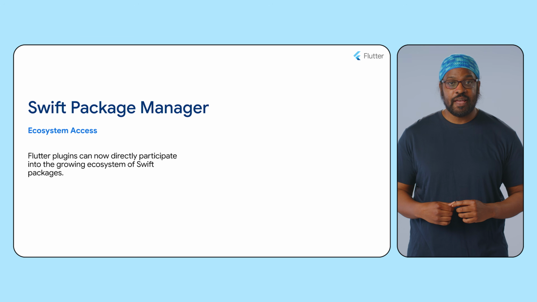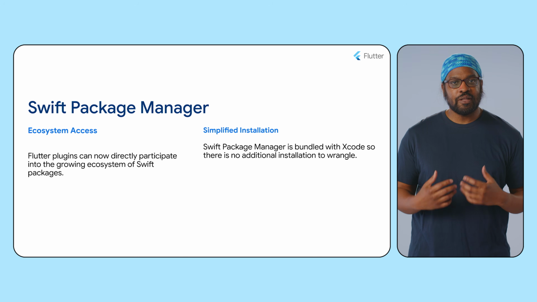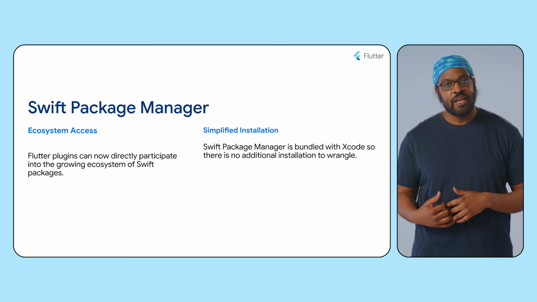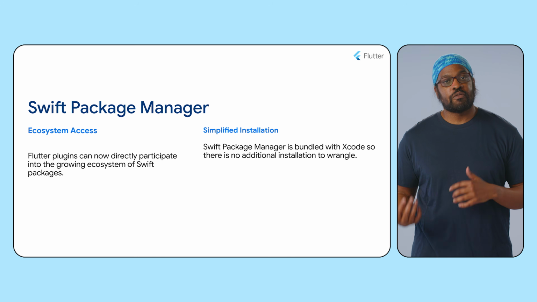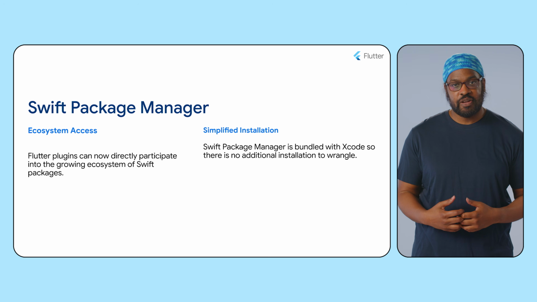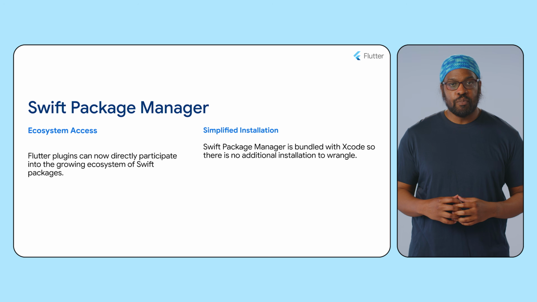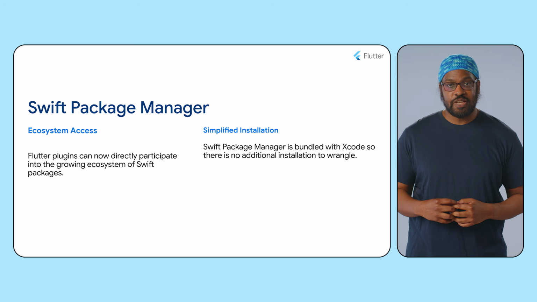Flutter plugins can now directly participate in the growing ecosystem of Swift packages. Second, simplified installation. Since Xcode includes Swift Package Manager natively, you no longer need to install Ruby or manage CocoaPod environments just to get your project running. It makes the Flutter environment cleaner and more aligned with modern Apple standards.